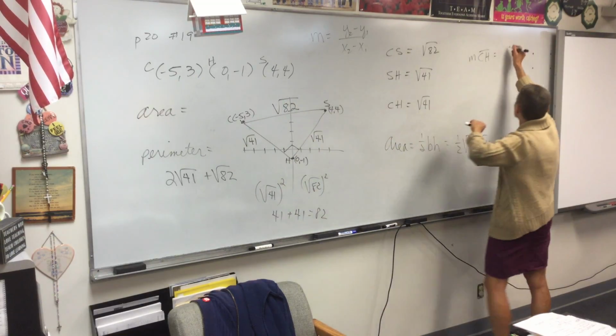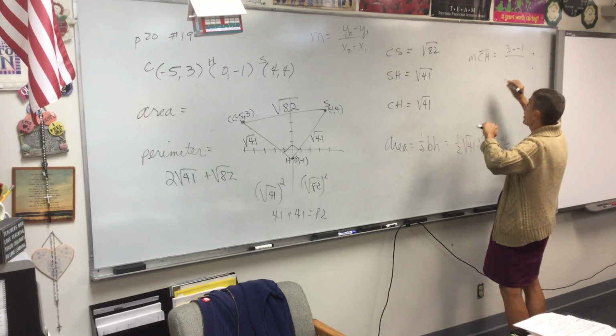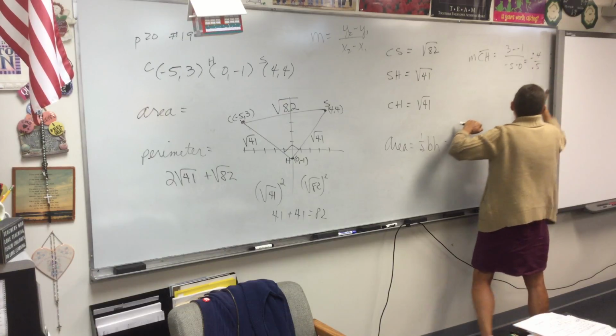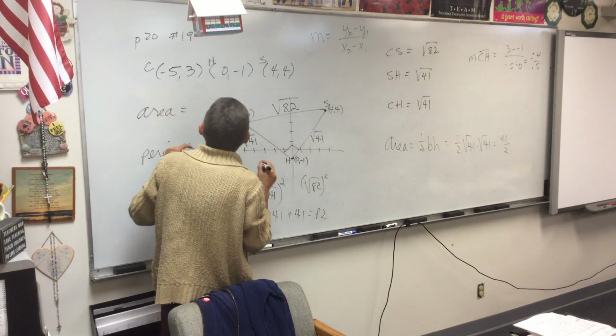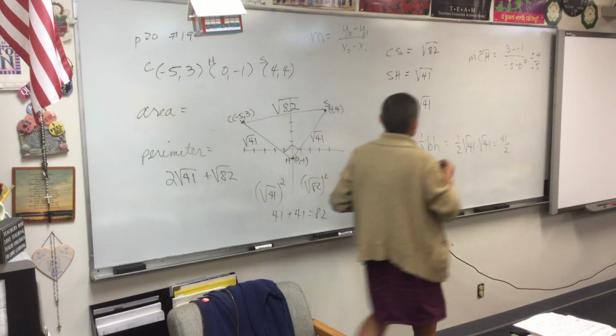CH, the slope would be 3 minus -1 over -5 minus 0. I got -4/5, but I could have made a mistake. Double check that for me. Is that right? Now I want the slope of SH.